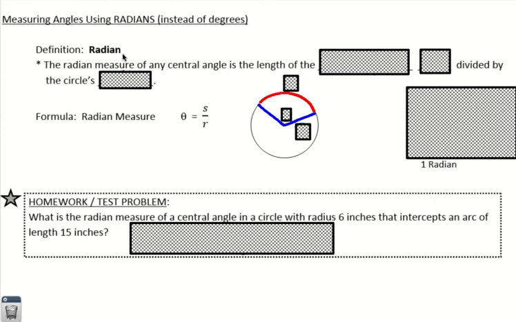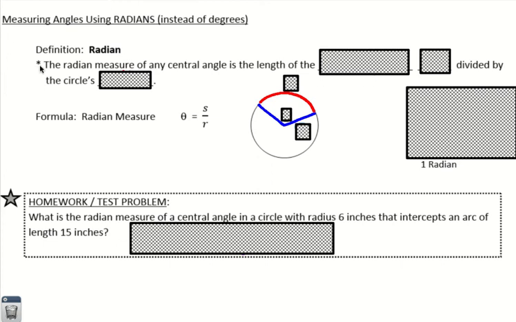So I think you should be at least fairly comfortable with degrees. So radians are brand new, but it's just simply another kind of unit that we can measure the size of angles with. Just like we have feet and inches, or meters and yards, we have degrees and radians.